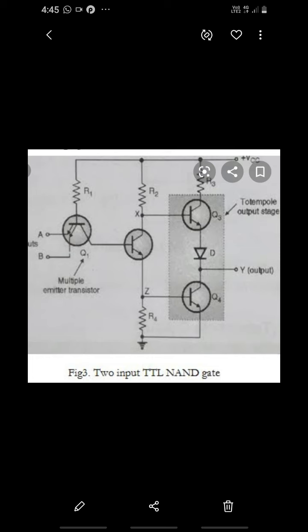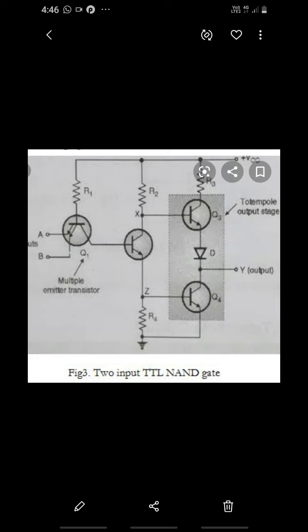and it enters into the low input. Therefore, there is no current into the base of Q2 and hence Q2 is in off mode.